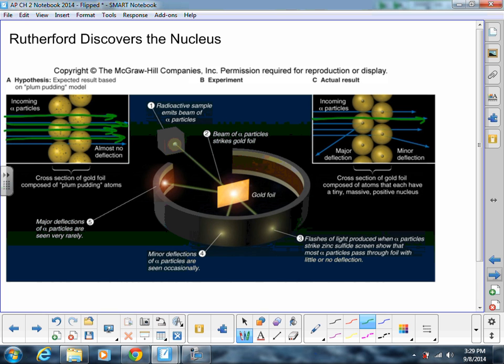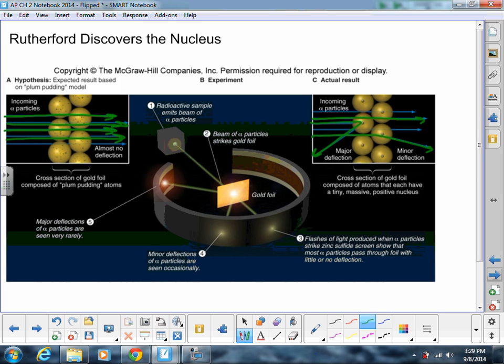On occasion we do get some of these particles deflecting. If they come in and hit a nucleus, an incredibly dense pocket of matter, that alpha particle would slam into that gold nucleus, which in comparison to the alpha particle is enormous. It hits that, boom, comes back, and occasionally some of these come through and are deflected a little bit.